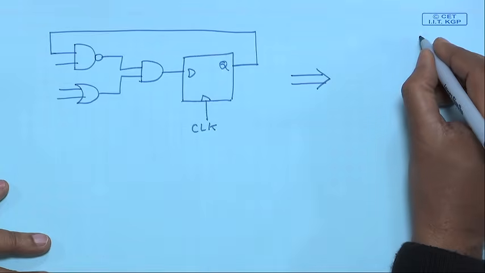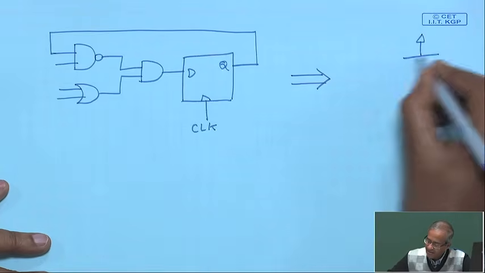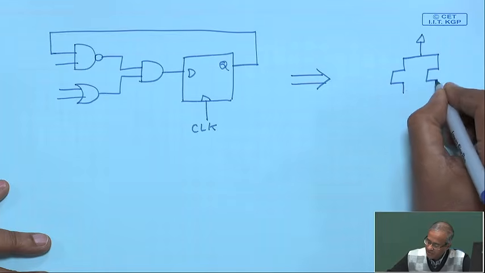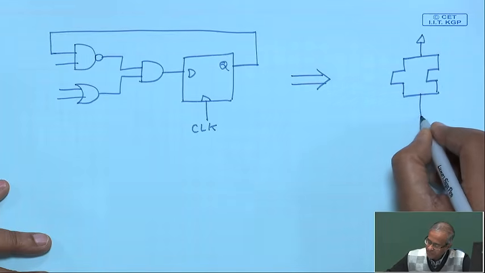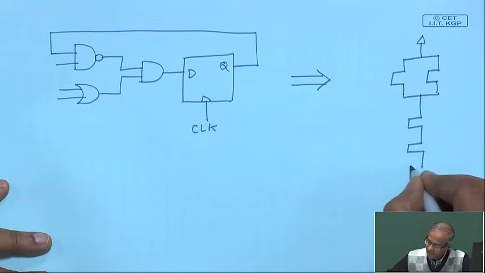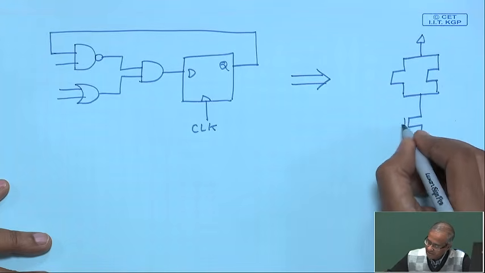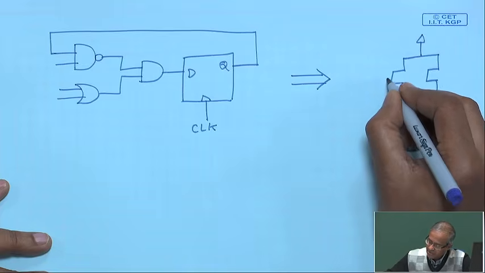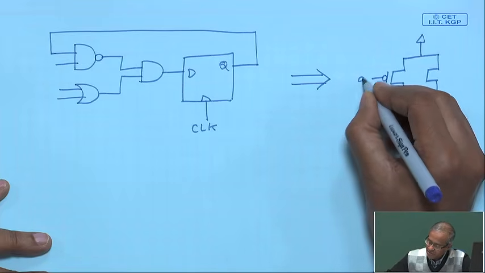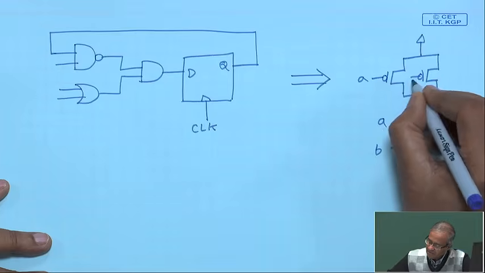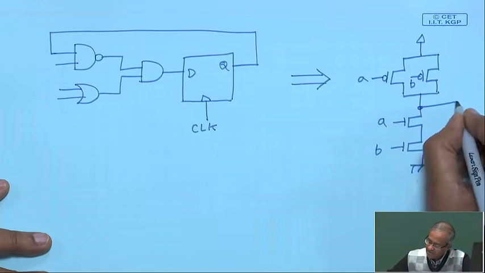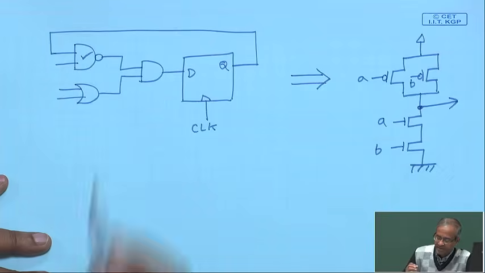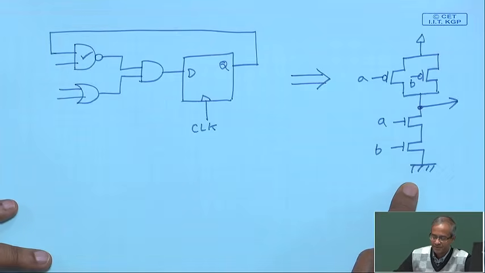For example, this NAND can get translated into this equivalent CMOS gate. These are two N type transistors, let us say A and B are the inputs. These will be P type, this is also A, this is also B, and this is the output. This is the CMOS representation of a NAND gate, 2 input NAND gate, right.